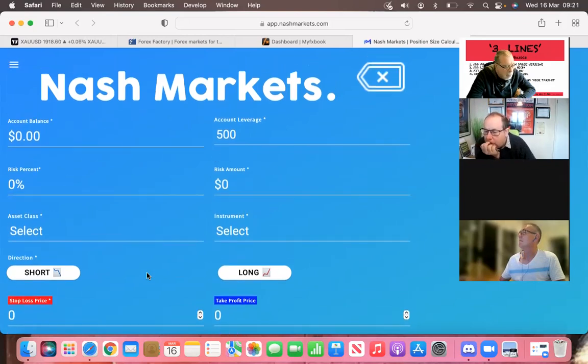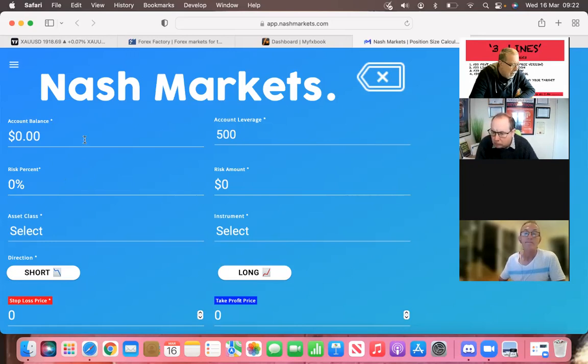So I came across the Nash Markets position size calculator, which is exactly the same as the one that we use on MyFXBook. But MyFXBook doesn't include anything on indices or oil. It does include gold and silver, which is why I decided to start trading gold. But this one now gives me the opportunity to extend my trading into other indices.